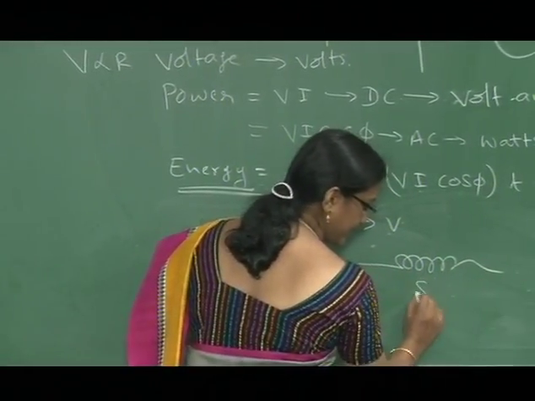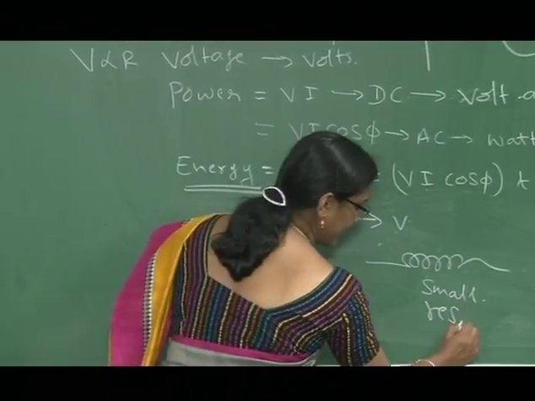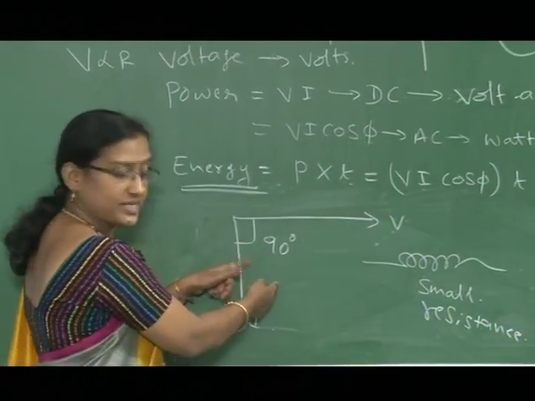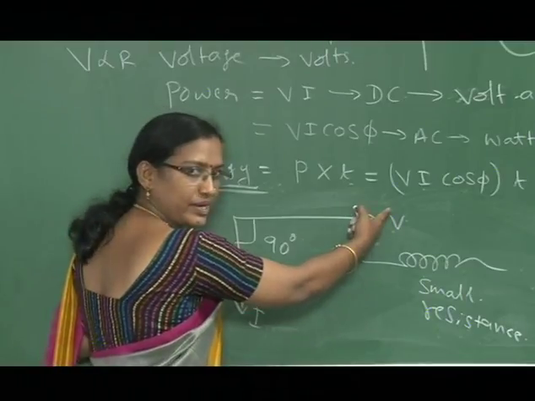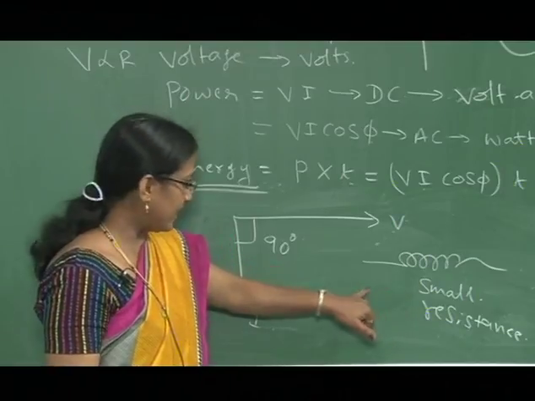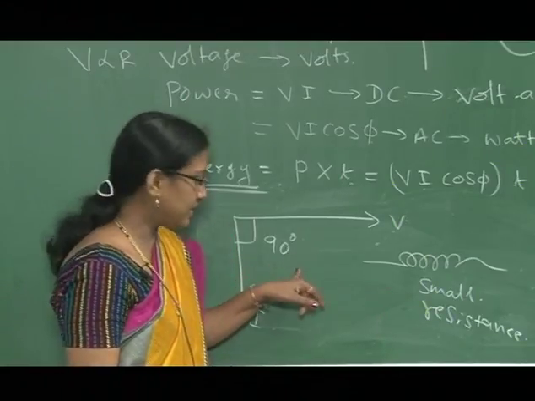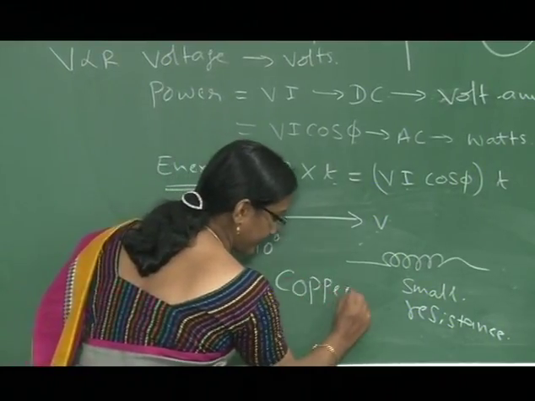Due to this small resistance, you won't get exactly 90 degrees of phase shift, that is, the current should lag the applied voltage by exactly 90 degrees. Since this coil has some small resistance, we are not going to get this 90 degree lag. So under that condition, you are going to use the copper shading band.